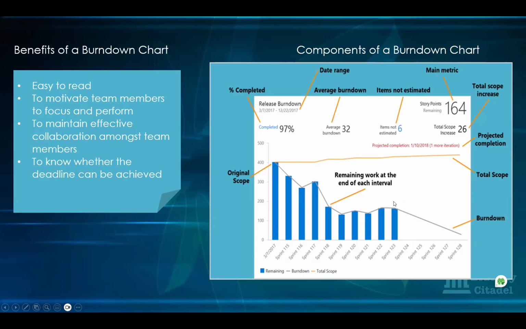There's nothing stopping you, when you have time during stand-up at times, from quickly showing them, okay, this is our burn down for now. But at times, if they don't understand what the burn down chart is saying and you're showing them, it can be very unproductive.